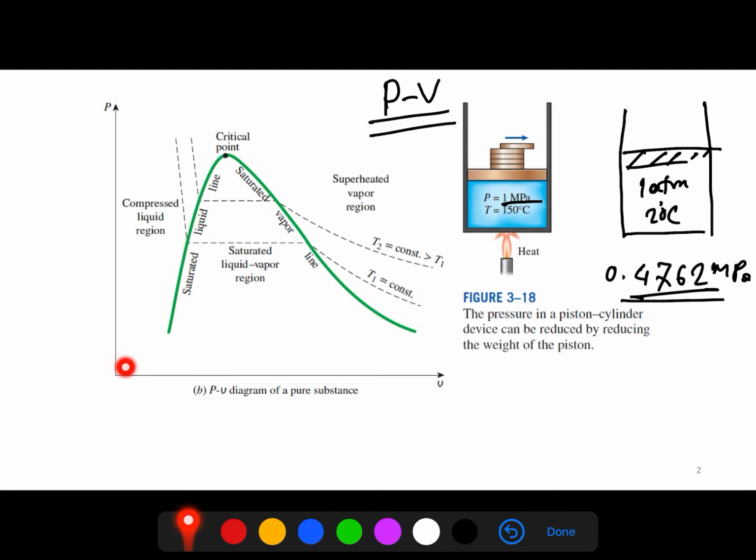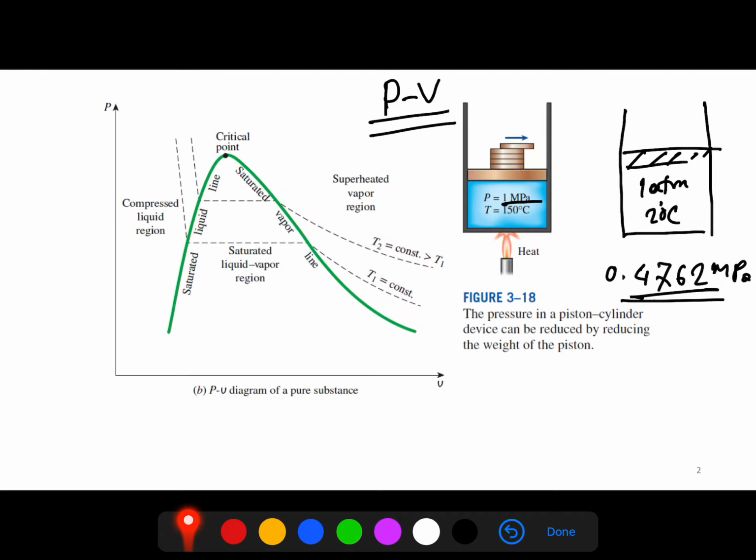This y-axis is the pressure. Initially we had high pressure, we were removing pressure, so you see the pressure decreasing. When the pressure reaches the saturation pressure, the temperature and pressure will be constant, no change, during the phase change. When this phase change process is completed, every single drop of liquid having transformed to vapor, we will see the pressure drop again.